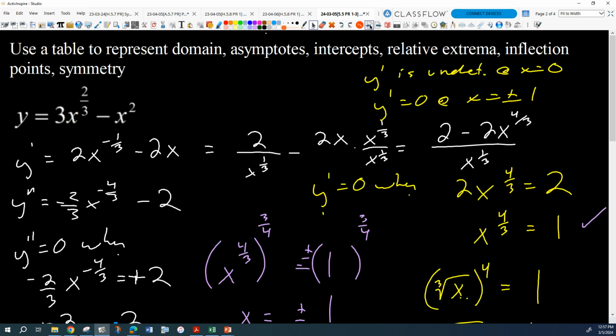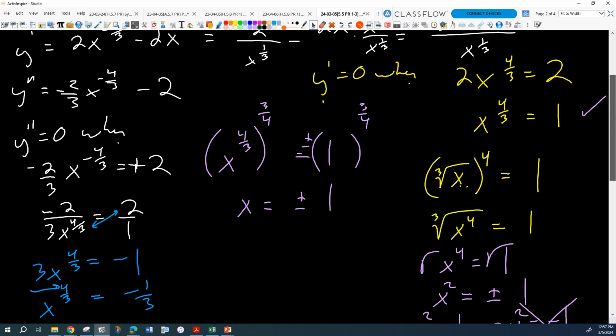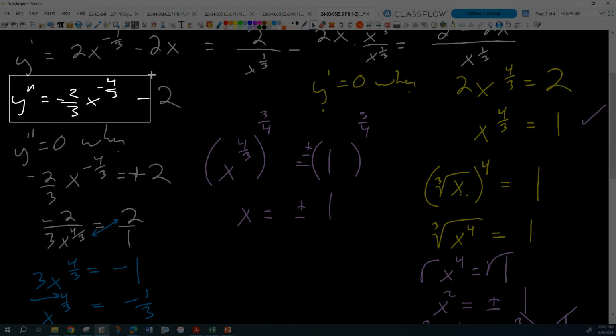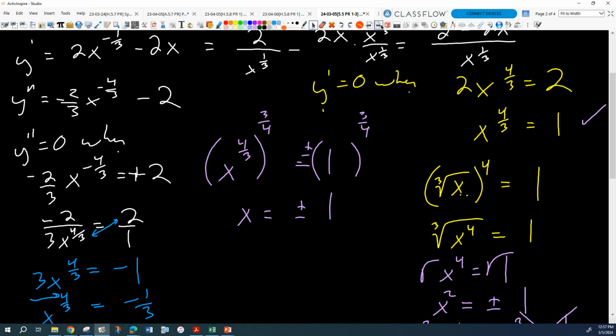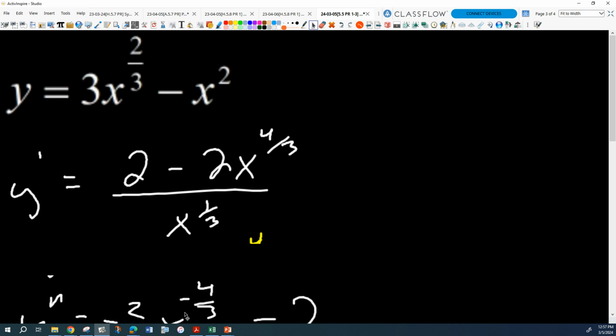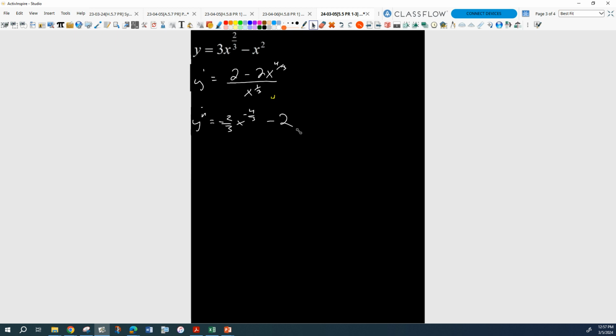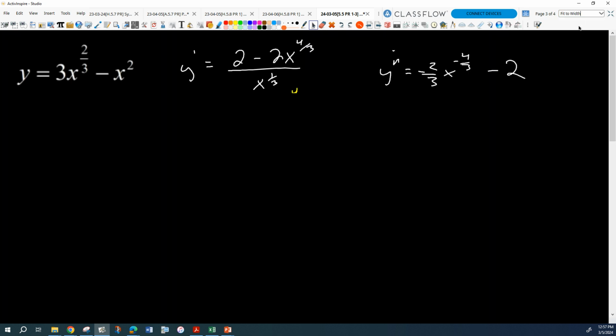And we need our second derivative, which we have right there. There they are. Okay, let's go ahead and make a table. I'll grab a pre-made table. How's that sound?